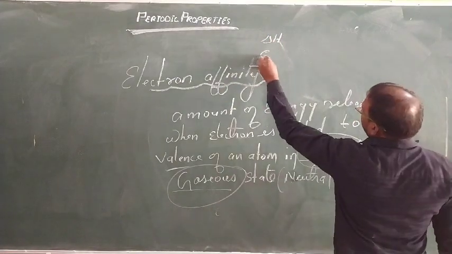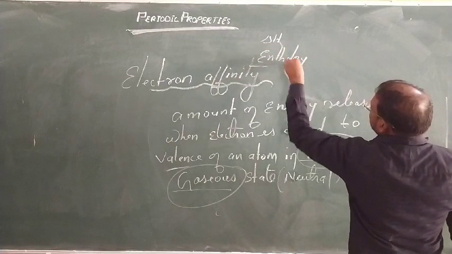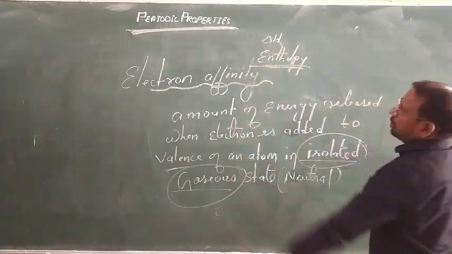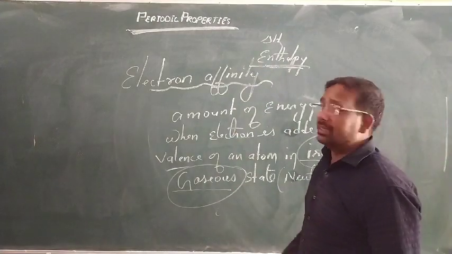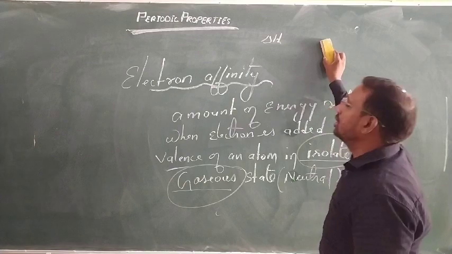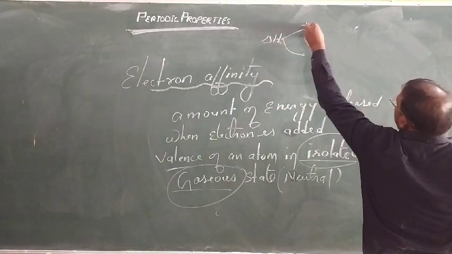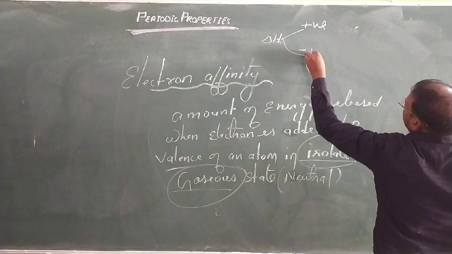And one more standard topic, enthalpy. It is given in the thermodynamics chapter in class 11th. Enthalpy is a standard name. There is no need to write enthalpy, just heat of reaction. And we have already discussed it has two values, positive and negative.